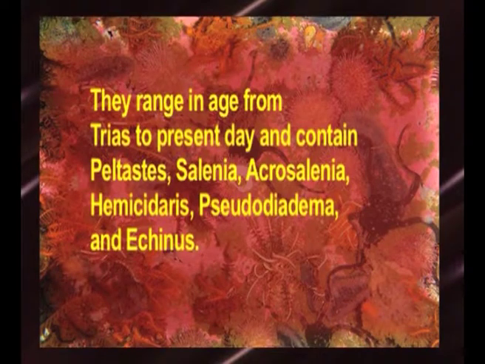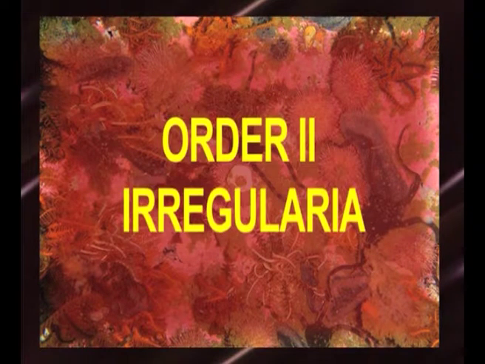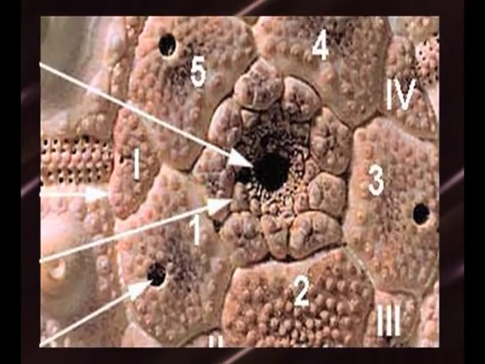They range in age from the Triassic to the present day and contain the Peltastes, Selenia, Acroselenia, Hemicidaris, Pseudodiadema and the Echinus.